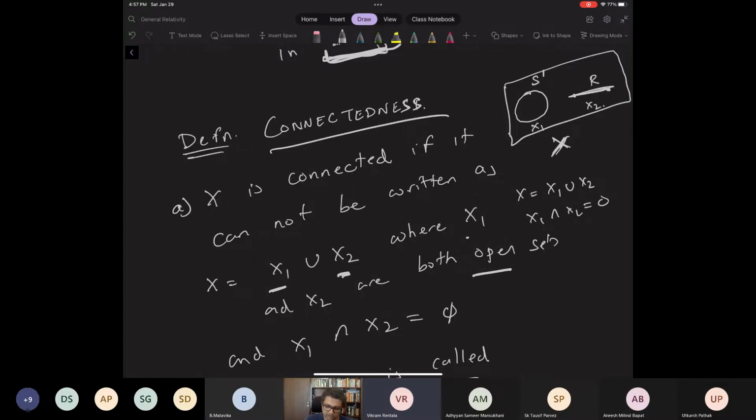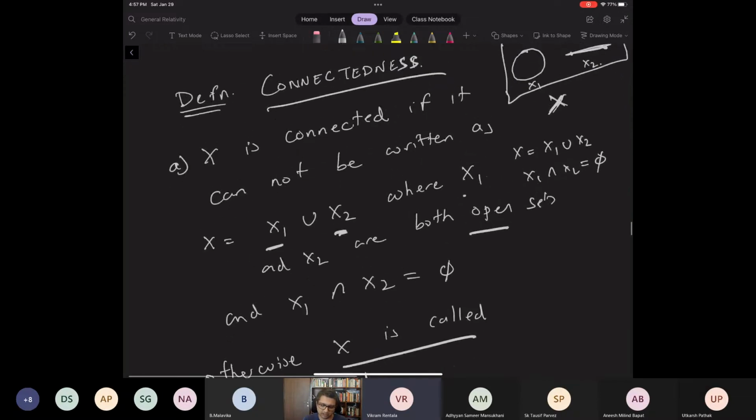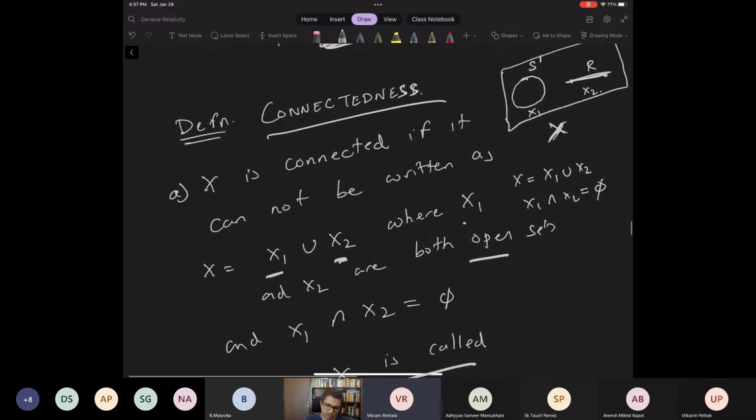This is the sense in which you think about a topological space as being disconnected. It's your intuitive notion of what it means to be disconnected. Since it can be written this way, you'd say it's disconnected.